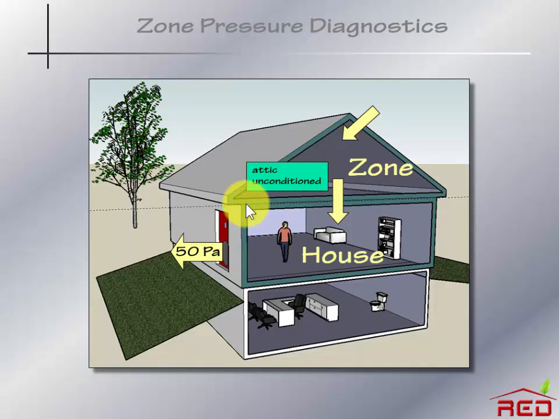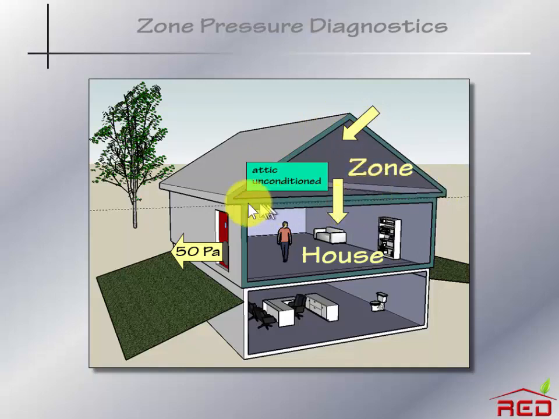Every zone has two pressure boundaries. In the case of this attic, the pressure boundary from the zone to the house is the attic floor. The pressure boundary from the zone to the outdoors is the roof and gable end structures.